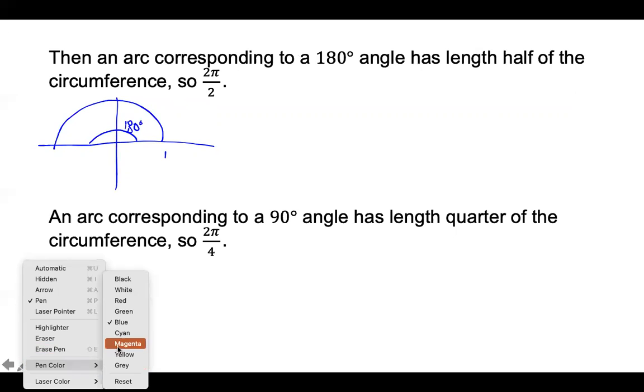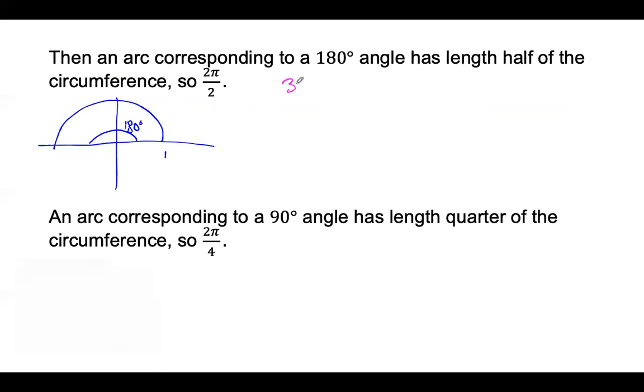So I'll just make a little note. So 360 degrees is equal to 2 pi, because this is the circumference of a circle. This is all you really have to remember, is 360 degrees is equal to 2 pi. So this means 180 degrees is equal to pi, which is basically half of the circumference of the circle.